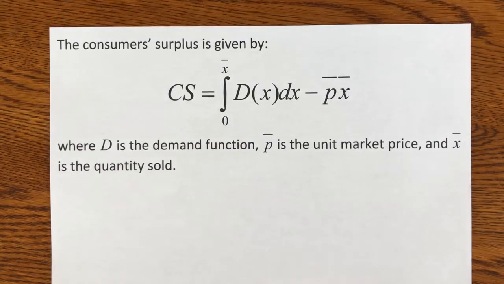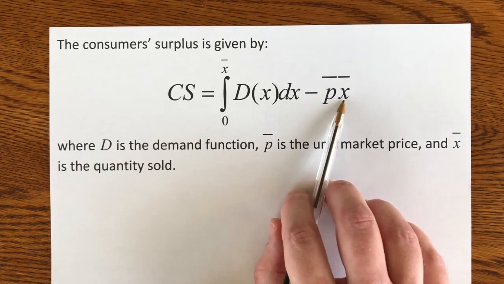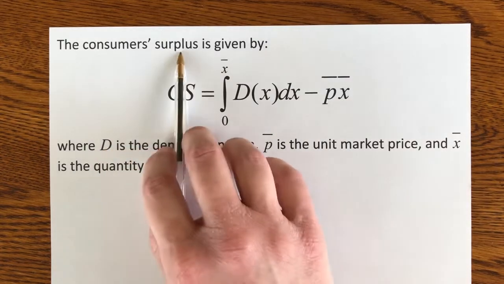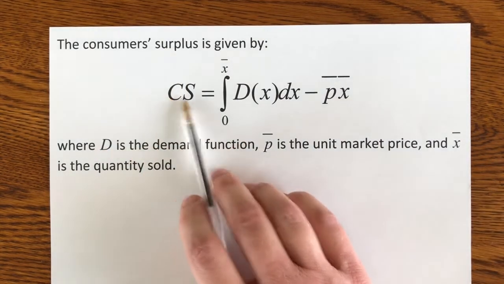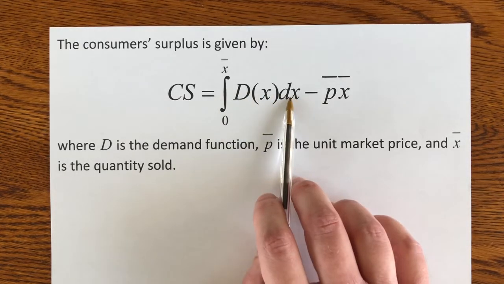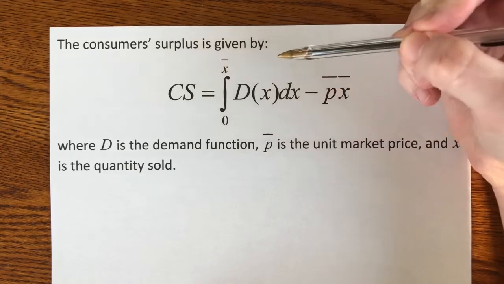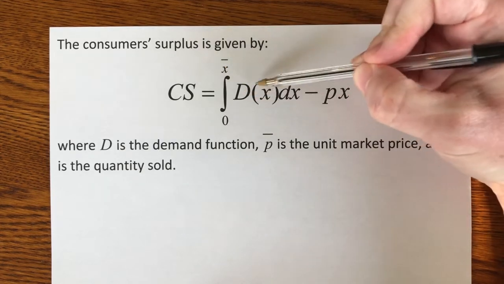Okay, so based off just what I was telling you, looking at that graph, this is going to be our model to find consumer surplus, okay? So consumer surplus is equal to what? It's going to be equal to a definite integral, and the limits of integration are going to be from 0 to X bar. And what are we integrating?